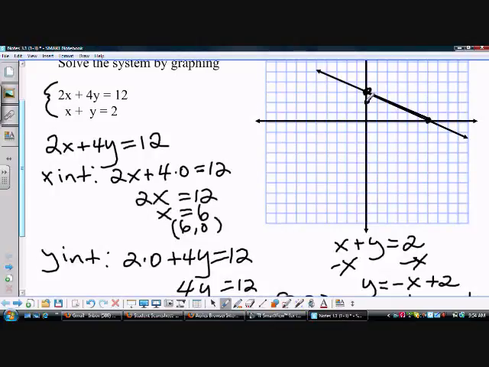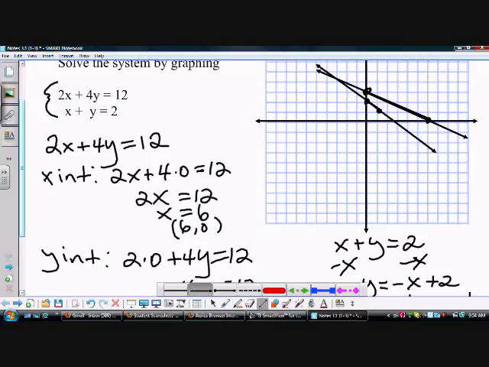Y-intercept of 2, down 1, right 1. Graph your line. Graph it this way too, just so I have a good graph here.